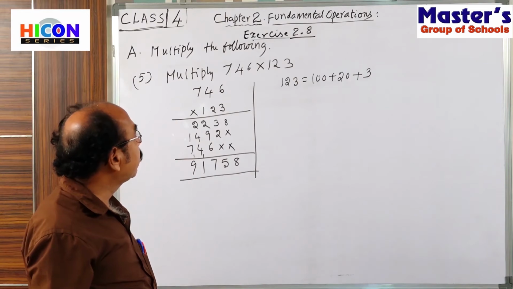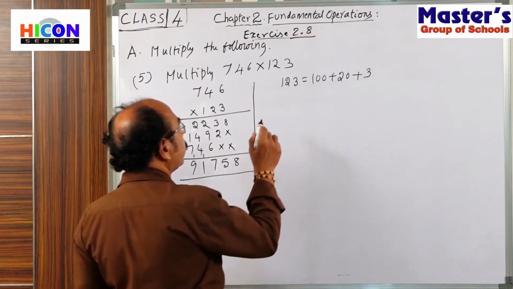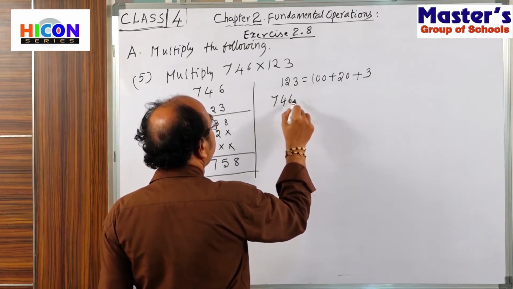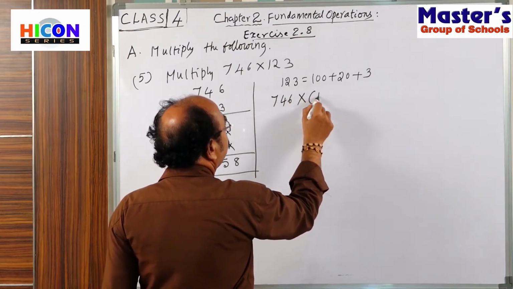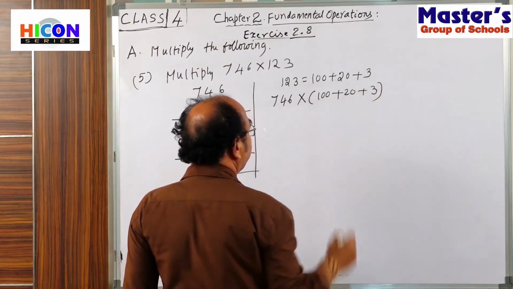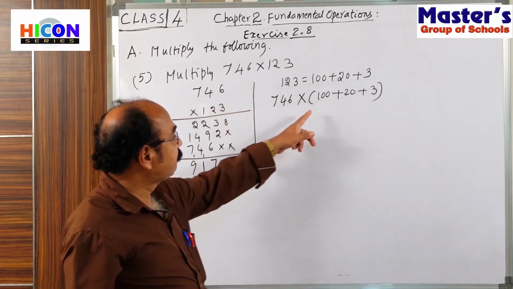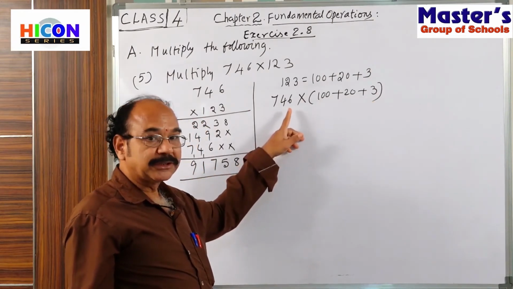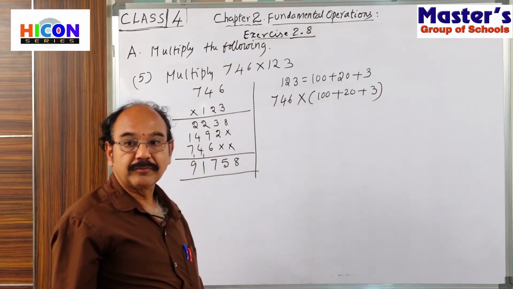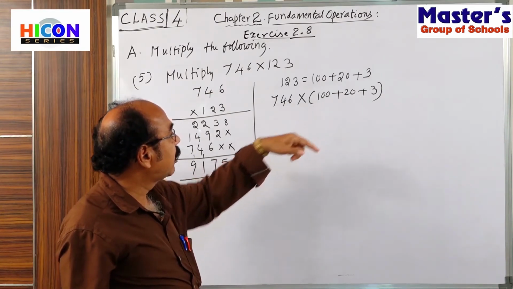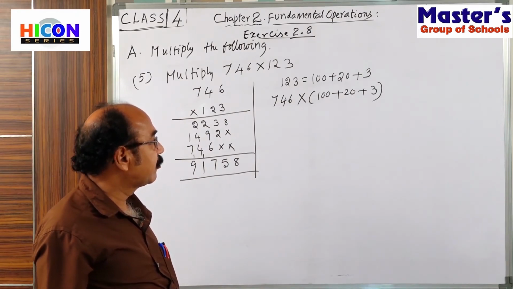Okay. So what we do here in step 1, see children, 746 is to be multiplied. We multiply 746 with 3 first. After that we multiply 746 with 20. After that we multiply 746 with 100.